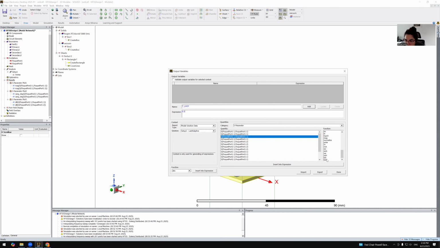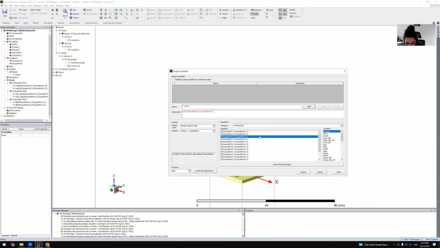Okay, half multiplied by, then you can say real of this plus imaginary of it, which is 1j.